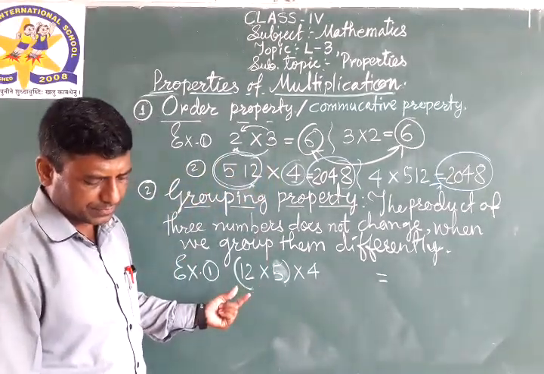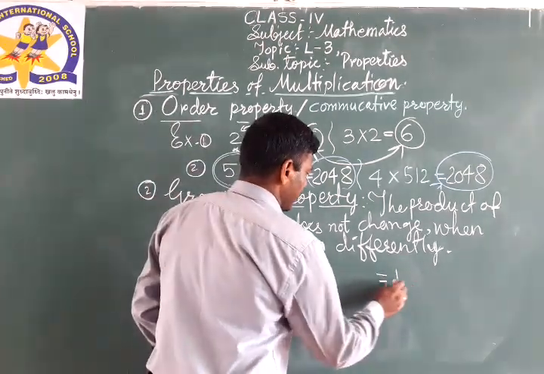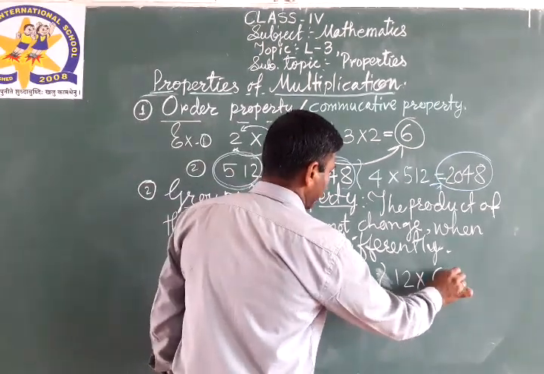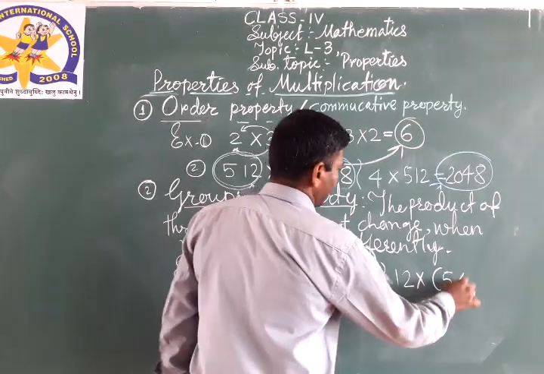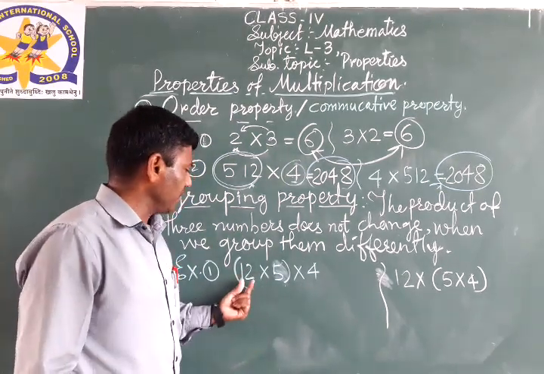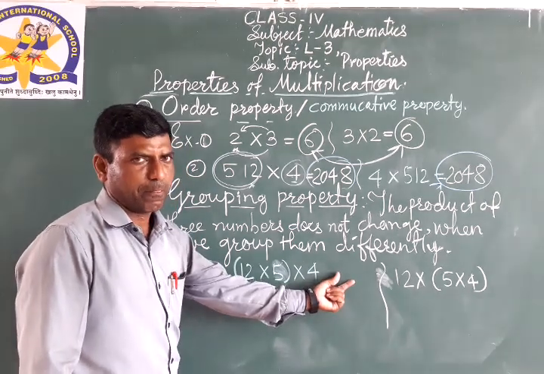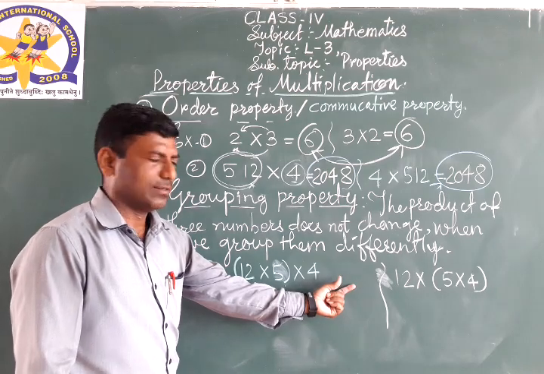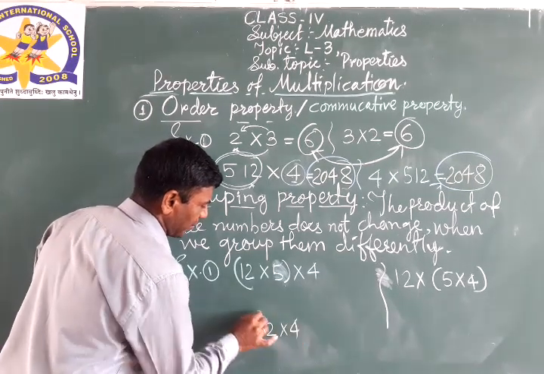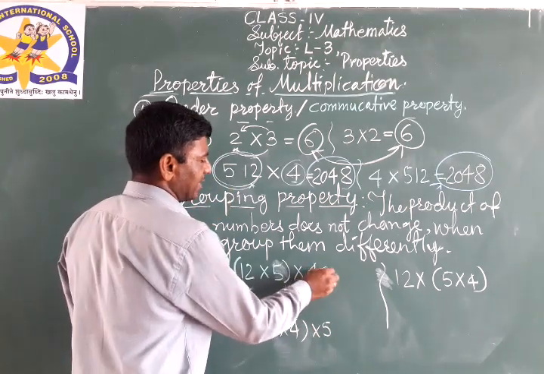I will change the grouping. I will write 12 multiplied by, in a bracket, 5 multiplied by 4. Or else, I will write first 12 multiplied by 5 in a bracket, then multiplied by 4. Understand? Then also see the answer.